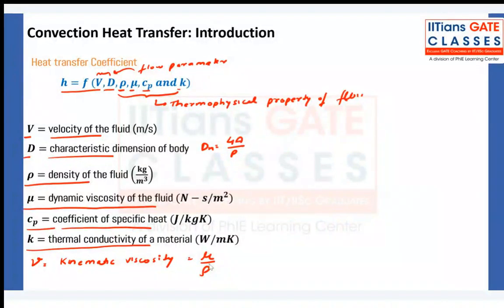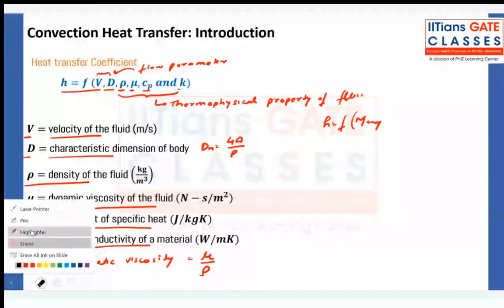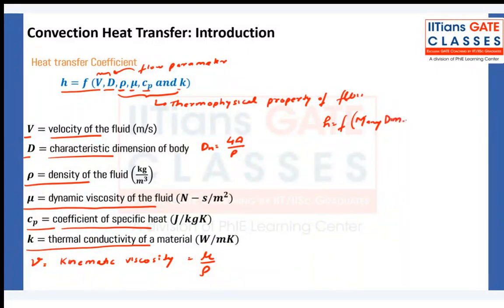Okay. Now, the problem with this is that h is a function of many dimensional parameters. And when you do an experiment with many dimensional variables or parameters, when we start experimenting, it's very difficult to determine the precise value of each parameter.